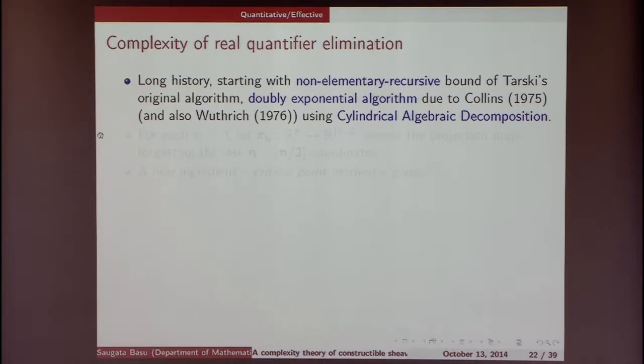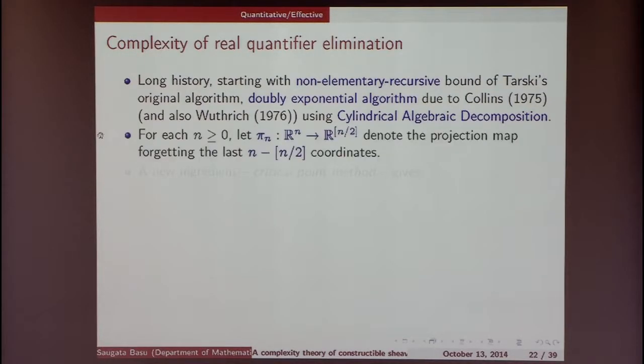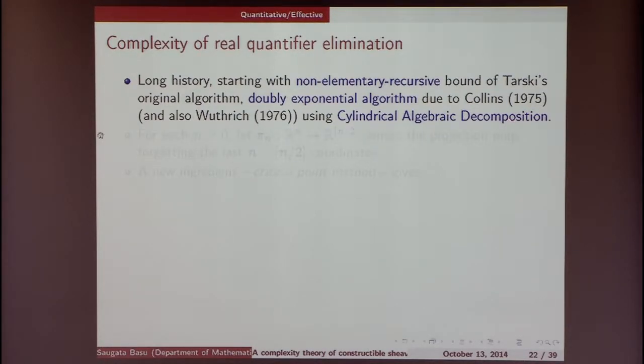But then in the 70s, when this kind of problem became popular because of applications in robotics and so on, Collins, and also Utrecht, gave a doubly exponential algorithm for performing quantifier elimination using a technique called cylindrical algebraic decomposition, which is a very important technique for triangulating semi-algebraic sets.